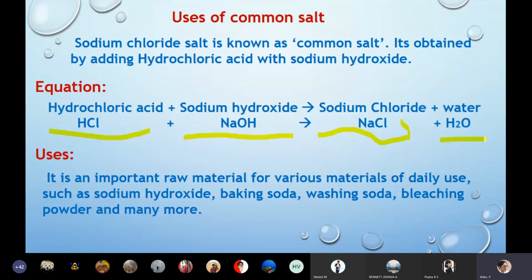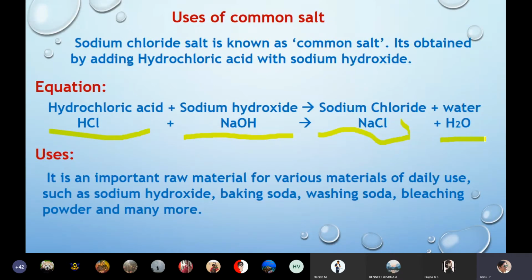Common salt has most of the industrial applications. In industry, they use common salt as a raw material to obtain baking soda, washing soda, bleaching powder, and also sodium hydroxide. We are going to see how in the upcoming slides. So let us understand how common salt is broken down and converted into various products.